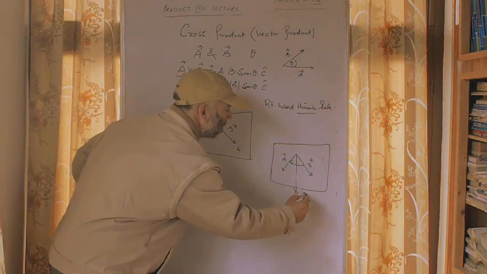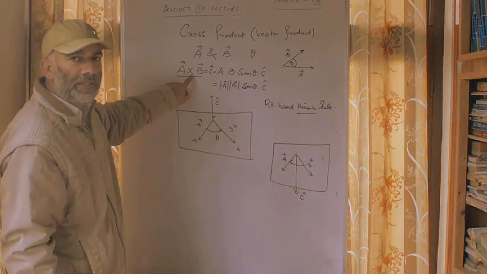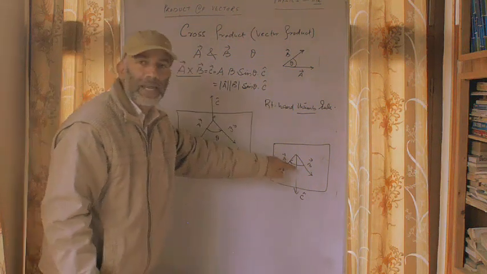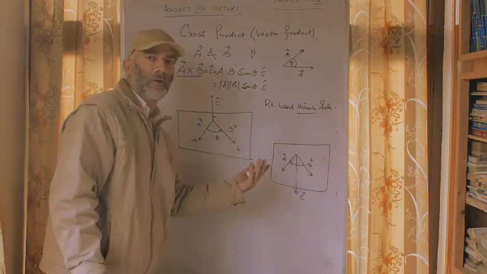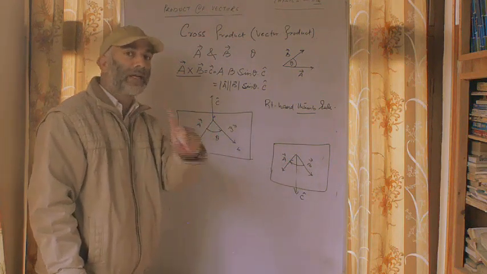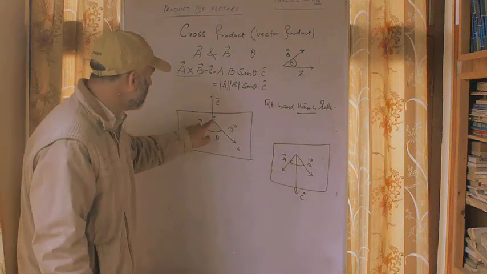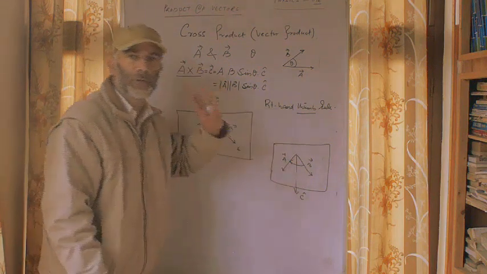This is unit vector C. So remember, in case of cross product of the two vectors, the resultant vector is perpendicular to the plane, in both the cases. Whether you are talking about A cross B or B cross A, it is perpendicular to the plane containing the two vectors. But the difference is, in case of A cross B, it is in this direction, upward. In case of B cross A, it will be in the downward direction.